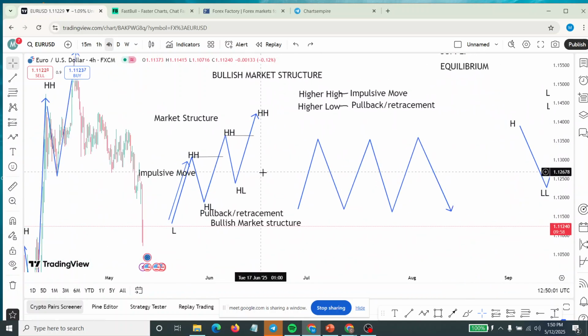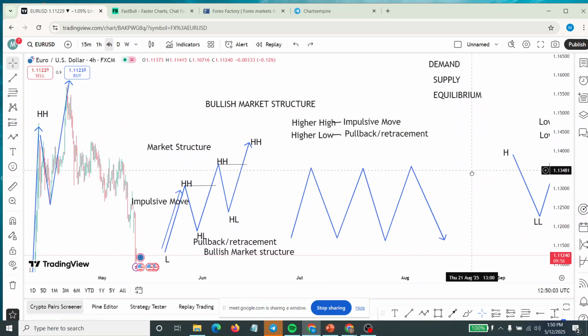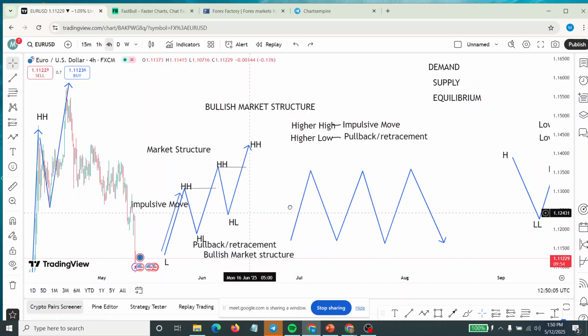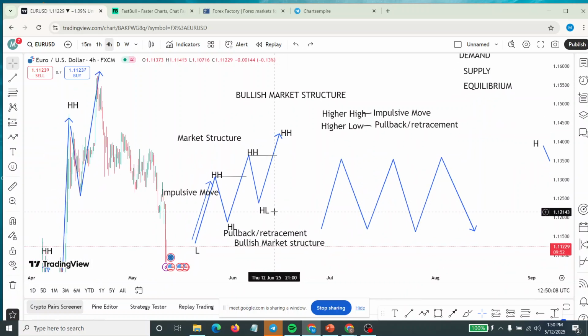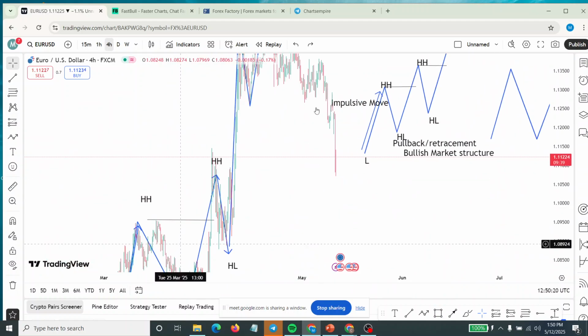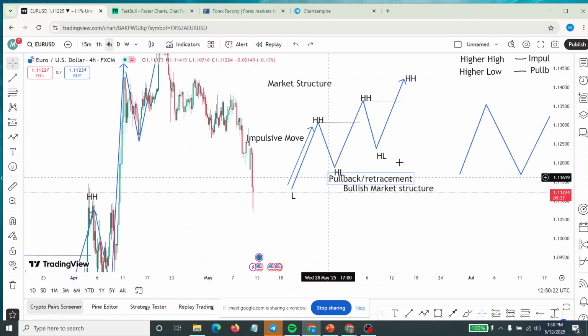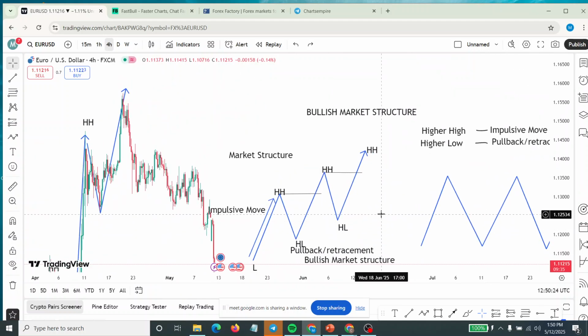So with these three, in this bullish market structure, we can say the demand is high, and if the demand of a particular market is high, that's when we want to be seeing an uptrend market. Sometimes when you open your chart and you see the market is buying to the upside, the demand to push the price up is high.